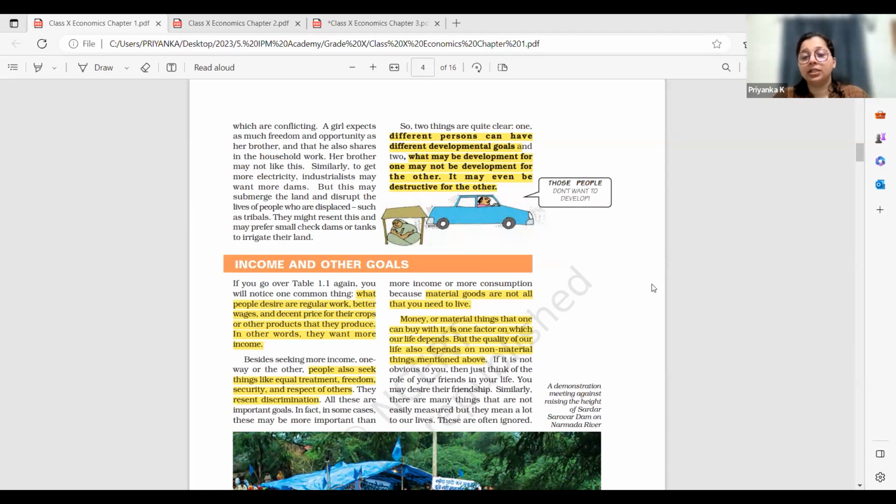And apart from that, nowadays, in this 21st century, more than the income, there are other aspects such as discrimination, equality, diversity, inclusion, freedom, and security, and more. Besides all of this, respect for each other. These have all been part of the developmental goals of every individual and society.